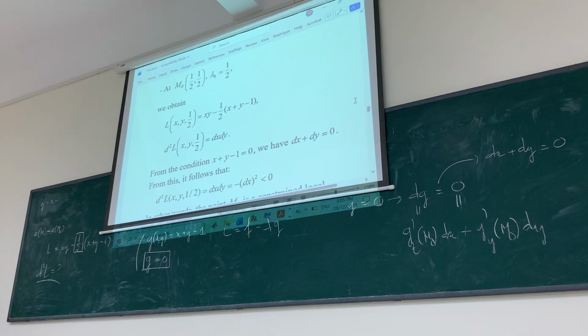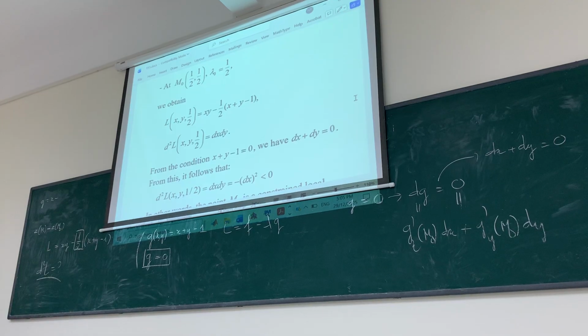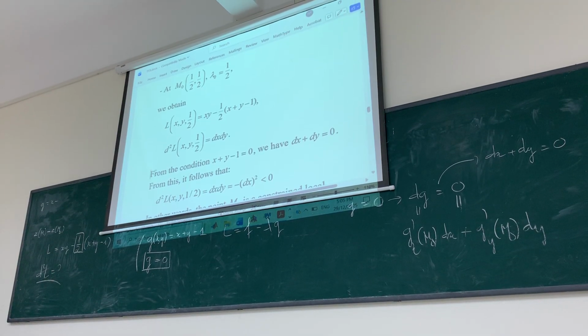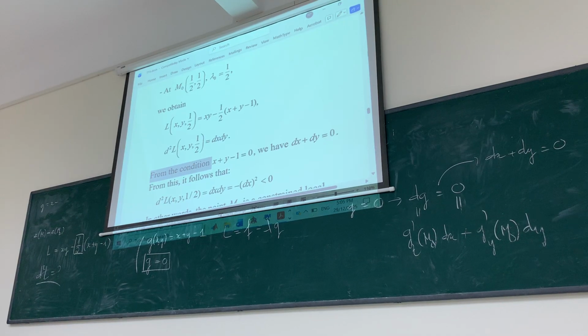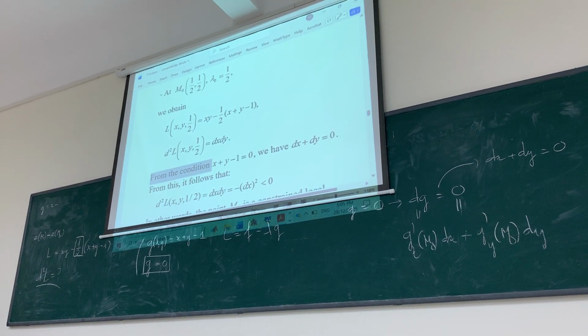You can write out the way to check that d squared L is negative. With the additional condition z equals 0, you can take substitution.